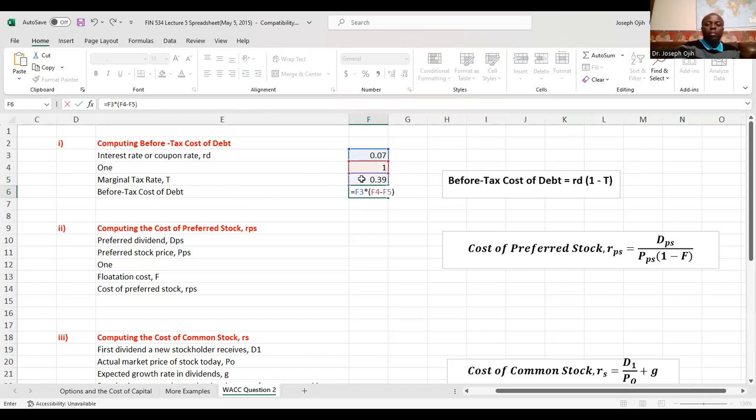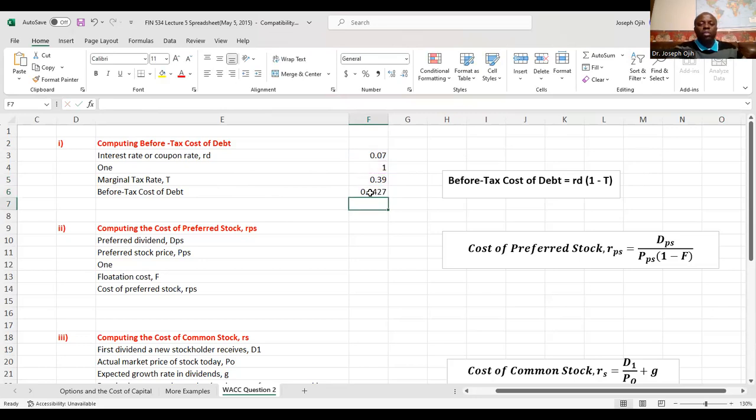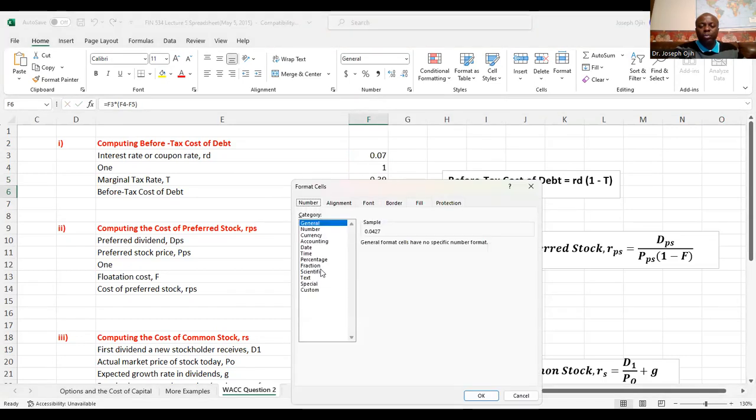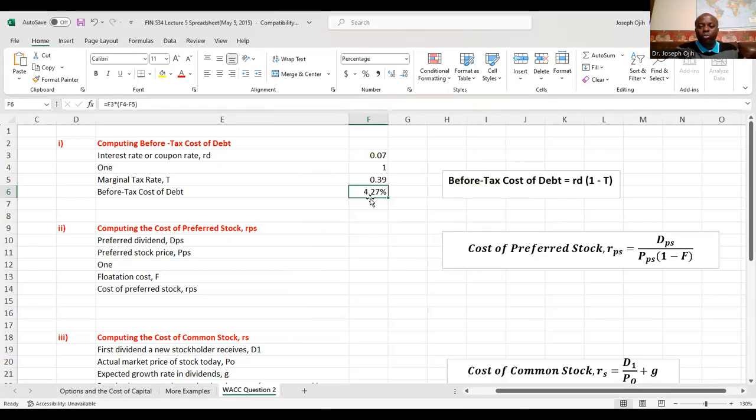Close it, and then press the enter key. It will give us the answer as a decimal, which we can change to percent by going to Format Cells and choosing percentage, to get 4.27%.